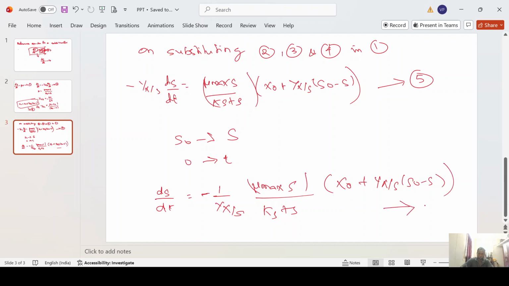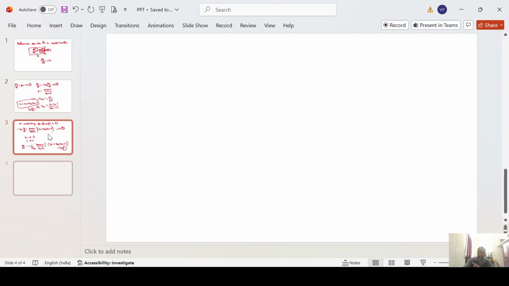This is equation 6. Then using the variable separable method, we need to bring all the variables in terms of substrate to the left hand side and the time to the right hand side.